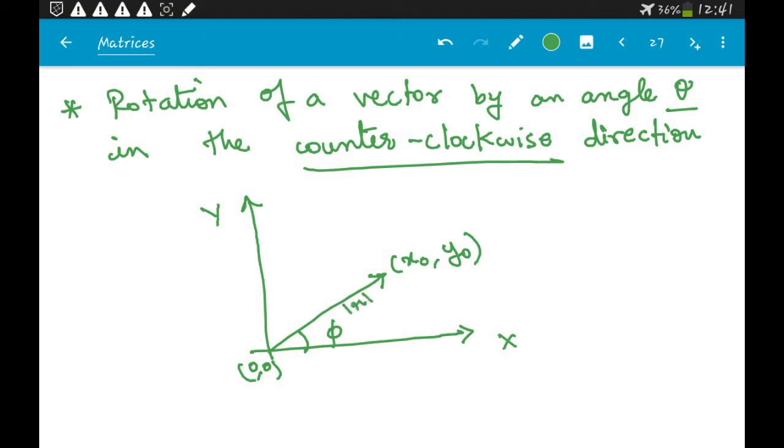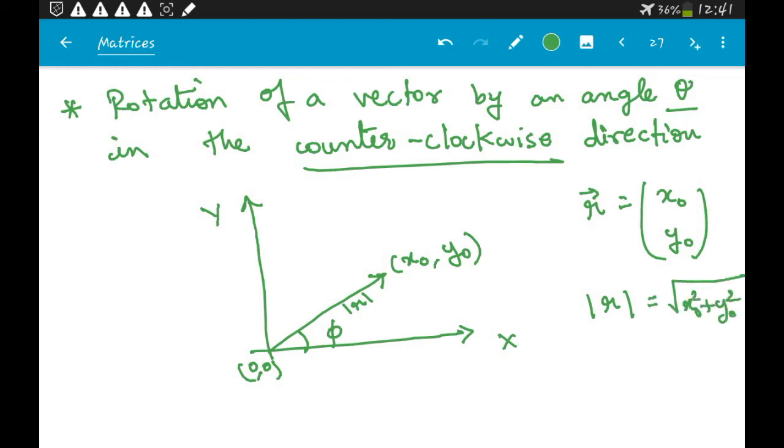So the r vector will be defined as (x0, y0), and the length of the vector is given by the square root of x0 square plus y0 square. So these are the things that we have defined.